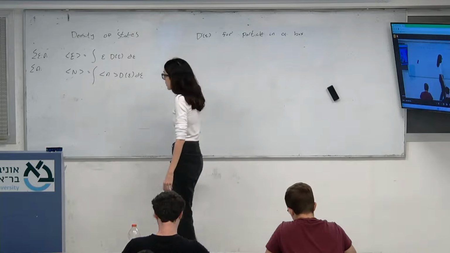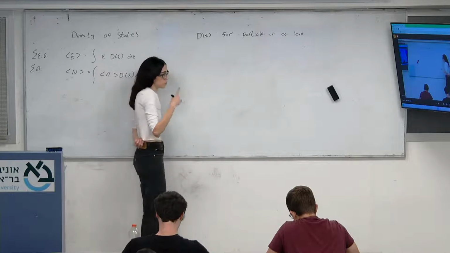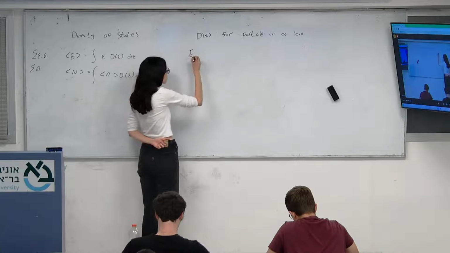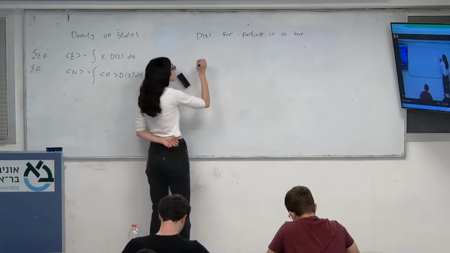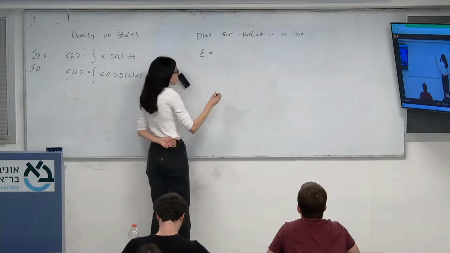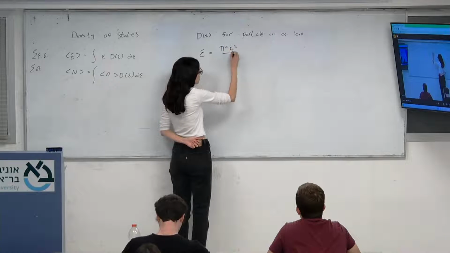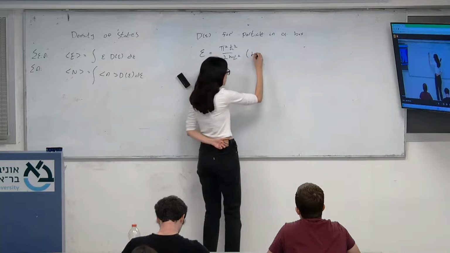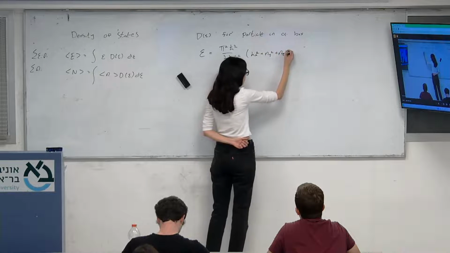Okay, so for one particle in a three-dimensional box, the energy is pi squared h bar squared over 2m L squared, times n_x squared plus n_y squared plus n_z squared.